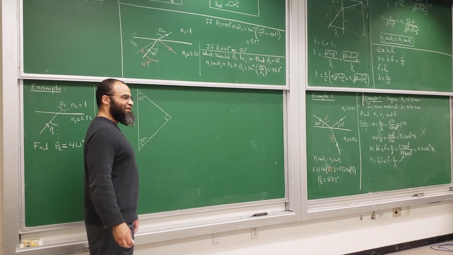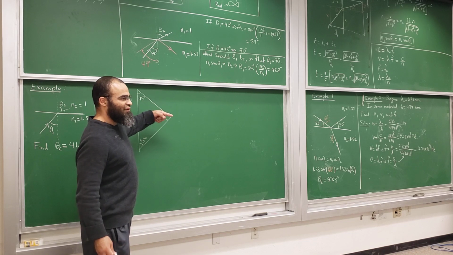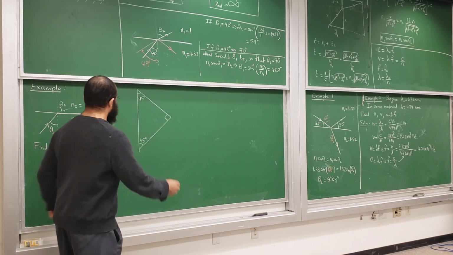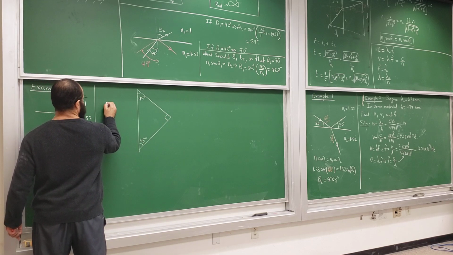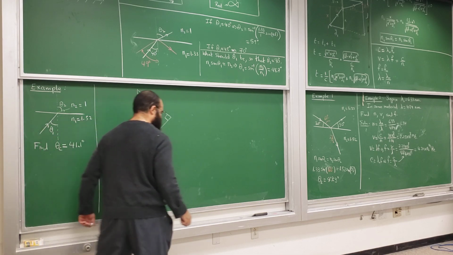All right, so first question. Let's say I have light, light that's incident straight, that's horizontal. So please pay attention with me. Let's use blue.